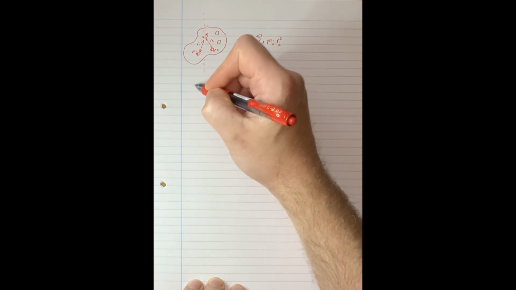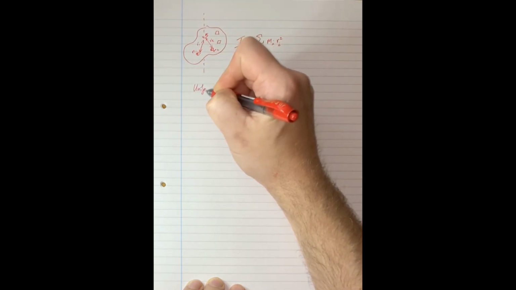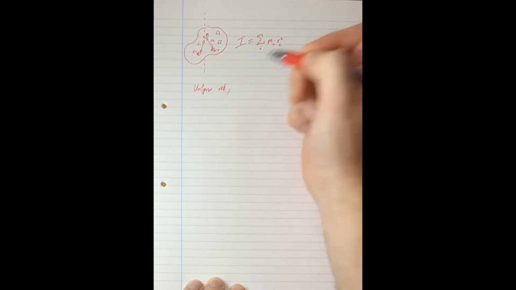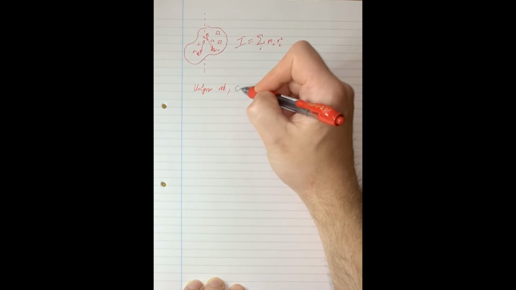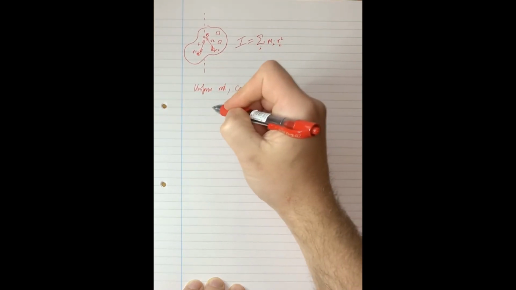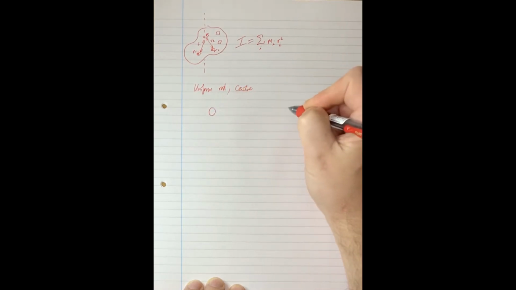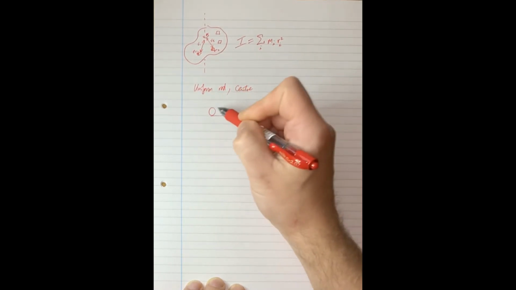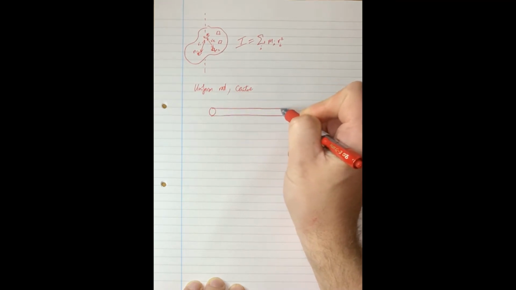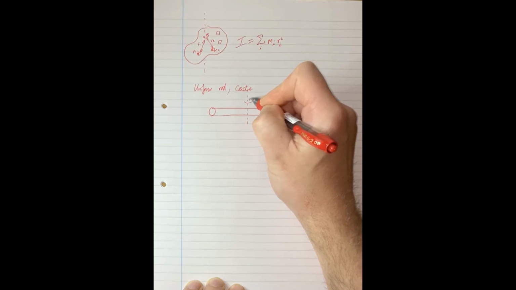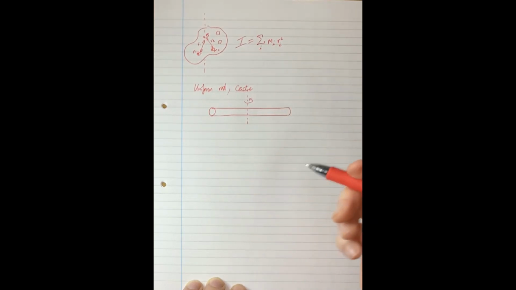The example is going to be a uniform rod, and we are going to have it rotating about its center. Okay, so here's a rod. It's going to rotate about its center, and we want to know what its moment of inertia is.